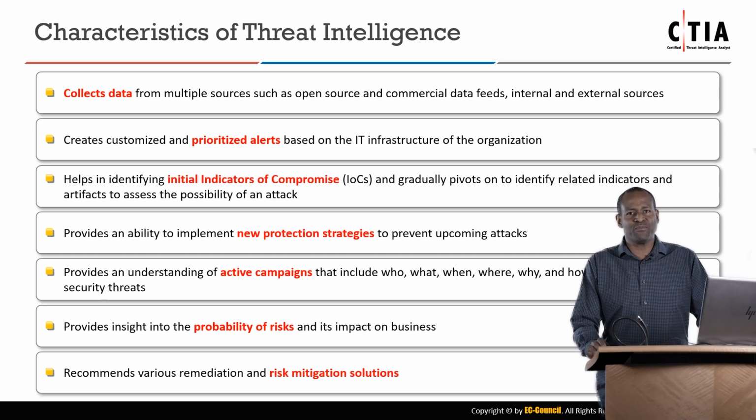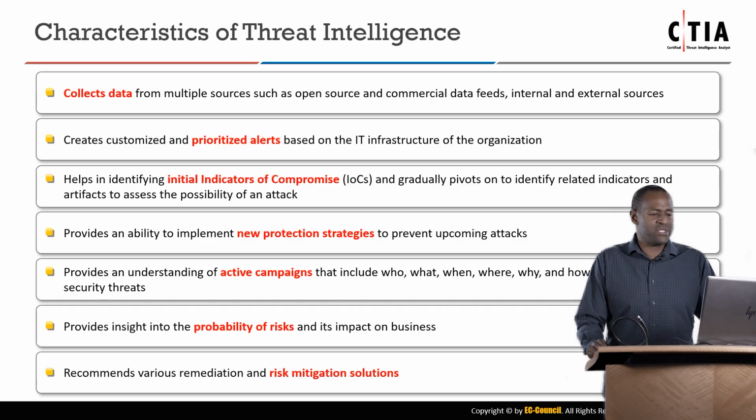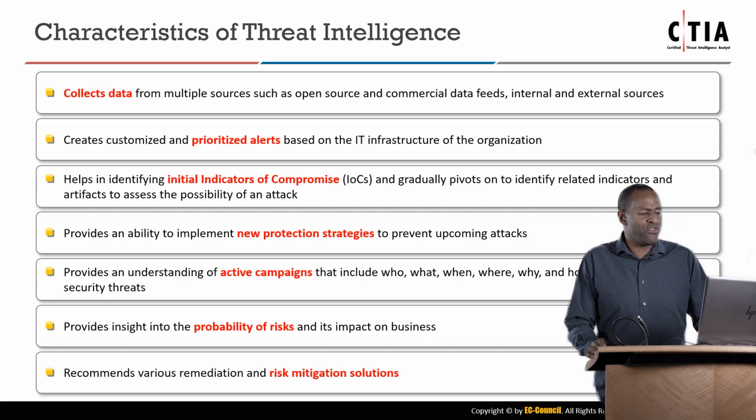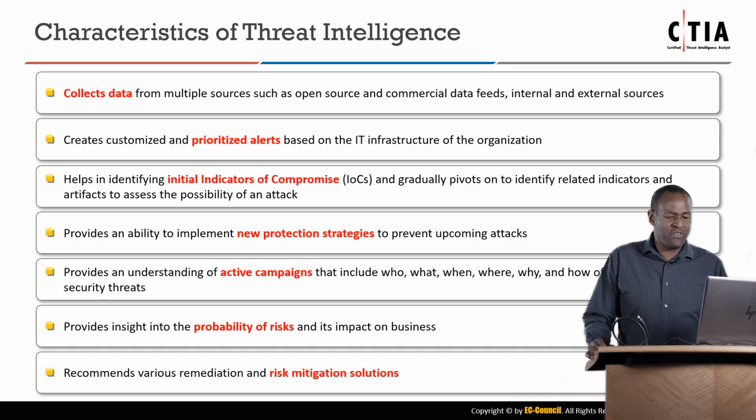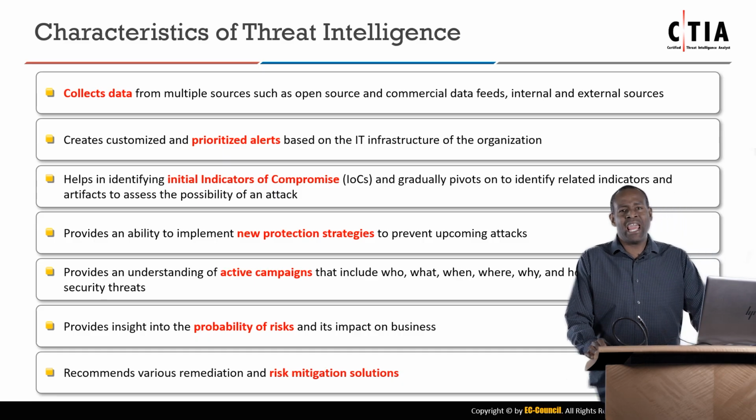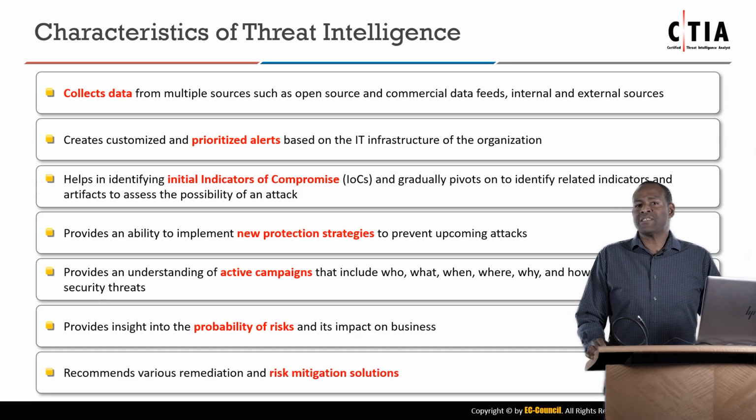Anybody can get it. You don't need a subscription. You don't need any special knowledge. You can just go get this open source data. Commercial data feeds, you can get those. You have to pay for them, but you can get data from those commercial data feeds. And internal and external sources, so this can be inside the network or outside the network, we can get data. So first of all, collect data.